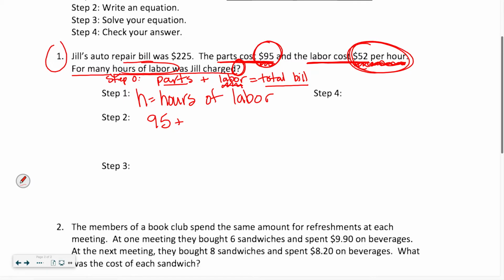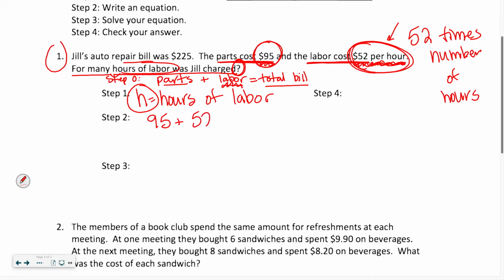Okay, the per hour cost, so 52 times the number of hours. Well, my number of hours is actually what I've defined my variable to be, so that's where my variable is going to come in here. I have 95 plus 52h gives me my total of, what was my total? $225.